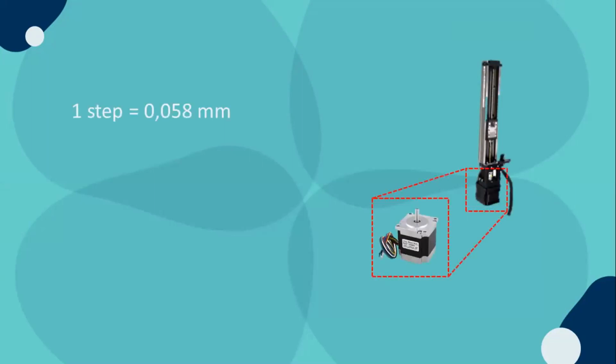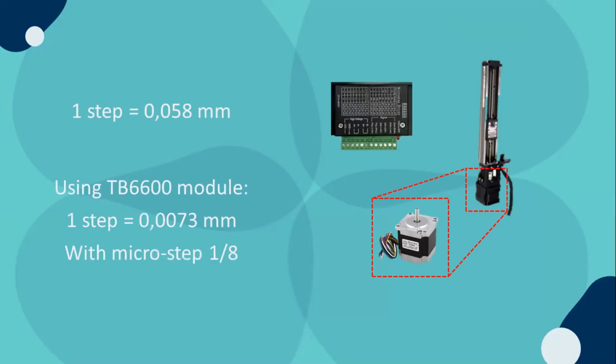For one step of stepper motor movement, there will be an increase in length of 58 micrometer. And the TB6600 module is used to increase the accuracy of the elongation. Using X microstep of the TB6600 module, the increase in length will be 7.3 micrometer.